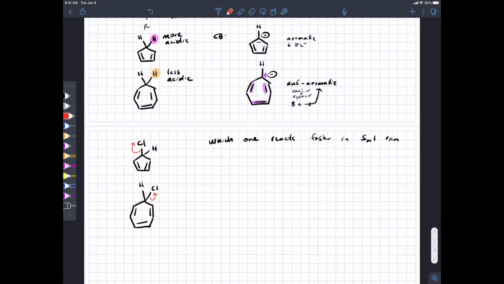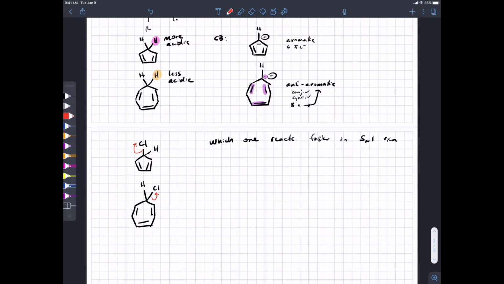Okay. What I want to do next is talk about where this rule comes from for 4n plus 2 electrons, and also why aromatic compounds are more stable than anti-aromatic compounds. To do this is going to require a little bit of molecular orbital theory.